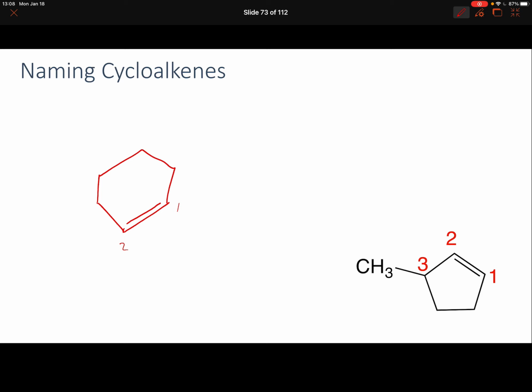It really doesn't matter if you number it the other way, because I would just say that ring A is just ring B rotated around this direction, like if we just flipped it. So you can see that it's the same.